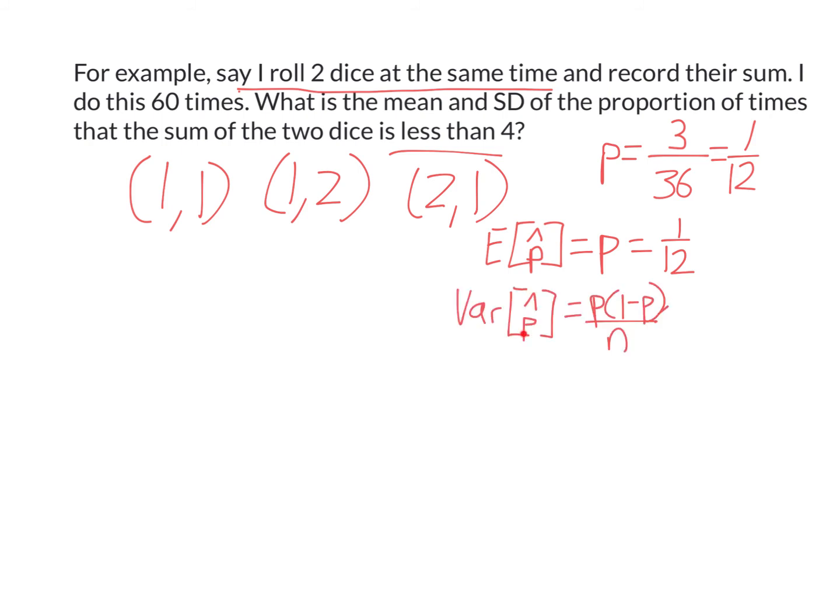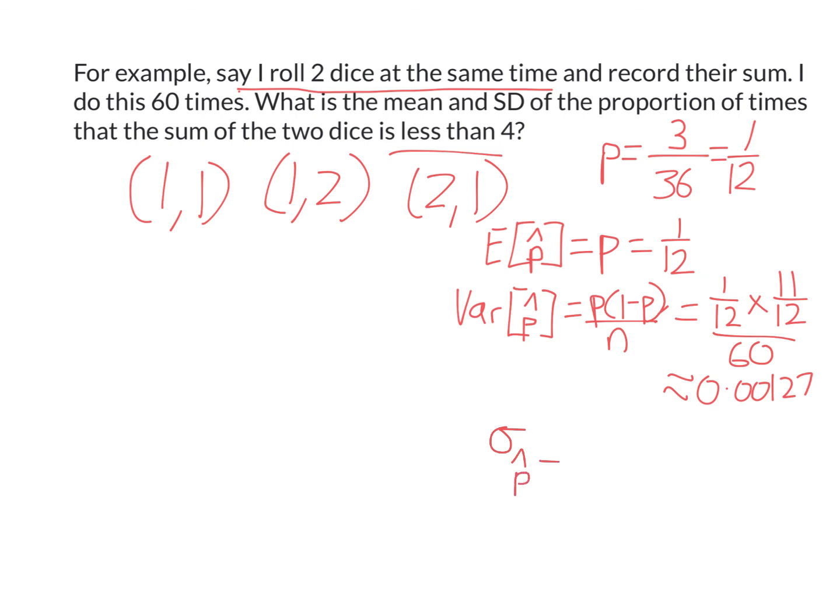For the variance of p-hat, we're again using the formula we came up with on the previous slide. p is 1 over 12, so 1 minus p is just 11 over 12, and I need to divide by n, the number of sample points, in this case 60, the number of times I performed the experiment. Putting that on my calculator, I get a variance of 0.00127.